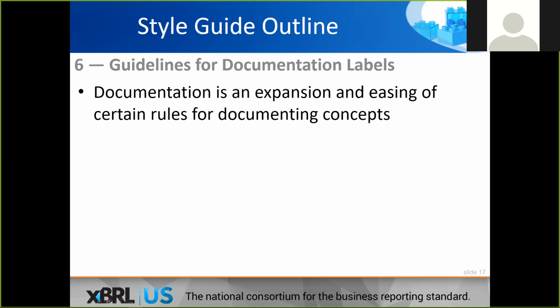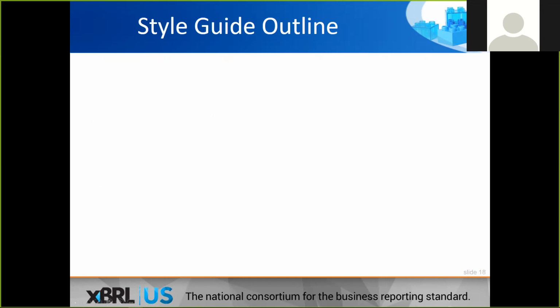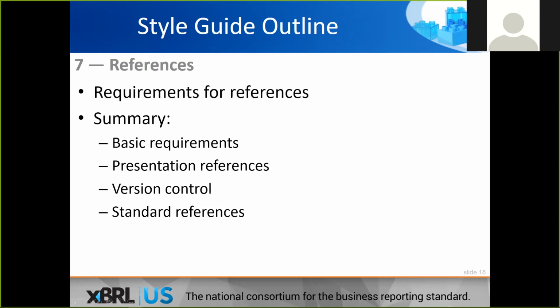So this is that deep level of what applies to that fact or item. And then finally, we have references, which is the formal aspect of referencing within XBRL to what supports that. We also discussed version control and deprecating items, in other words, making them obsolete over time.